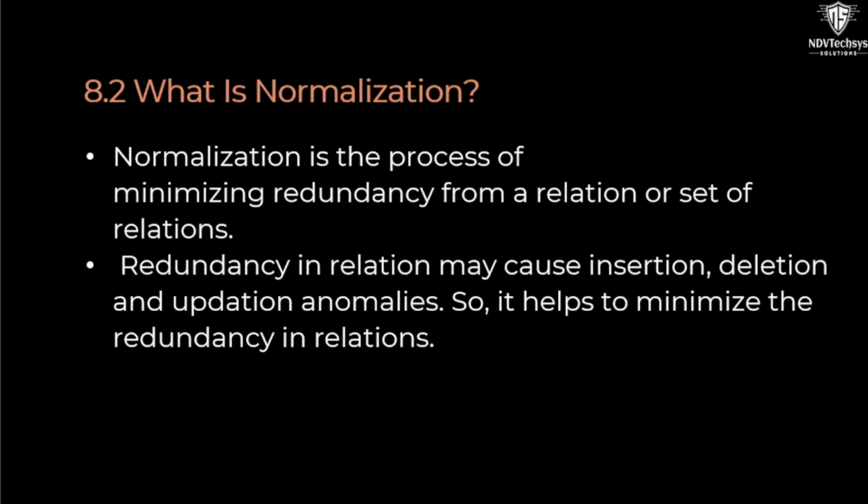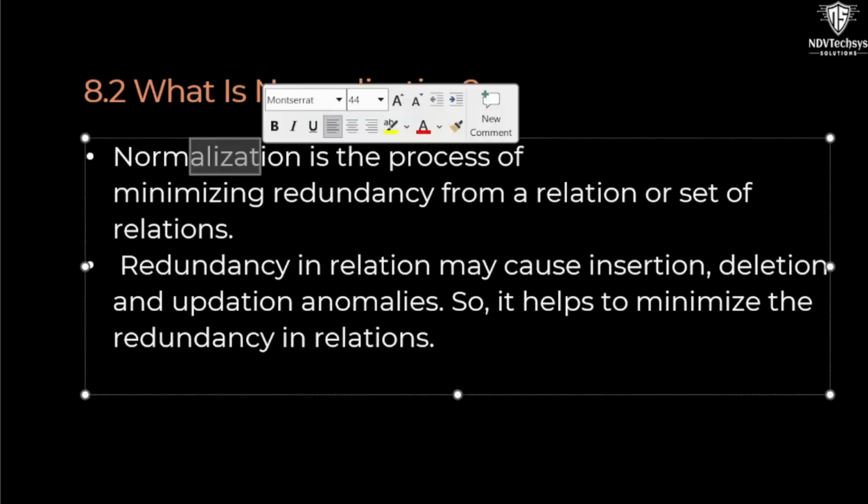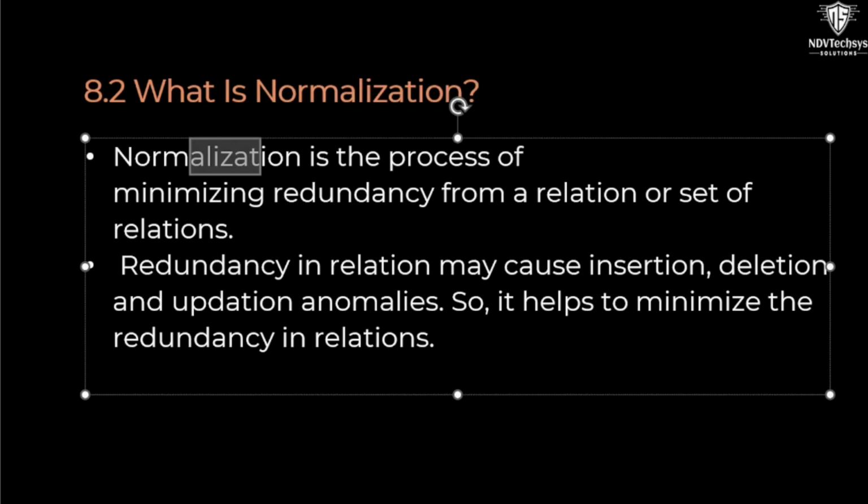Now imagine storing the same information multiple times unnecessarily. It will lead to confusion and errors, right? This scenario is precisely what normalization seeks to avoid. Basically, normalization is the process of minimizing redundancy from a relation or set of relations.